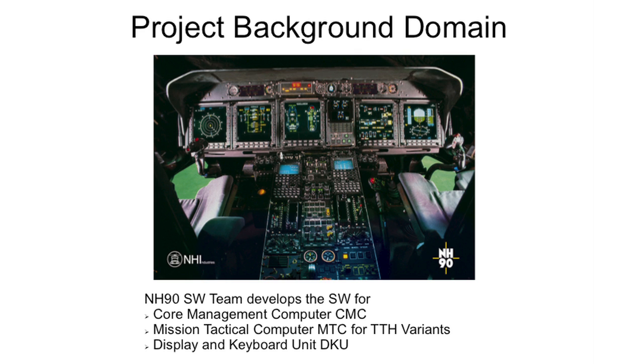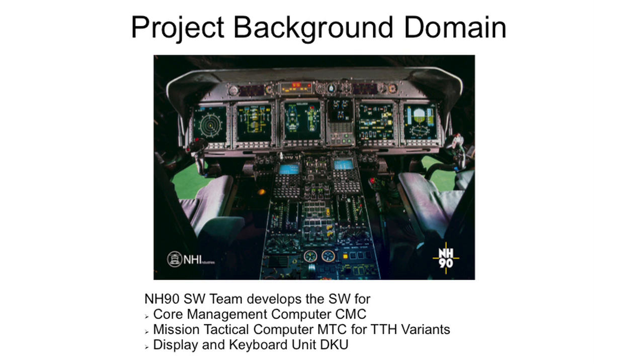What you will see here is a cockpit mock-up of the NH90, which is probably not actual anymore. You see here in that variant 5 multifunctional displays, and at the center console 2 DKUs, these alphanumeric input devices.